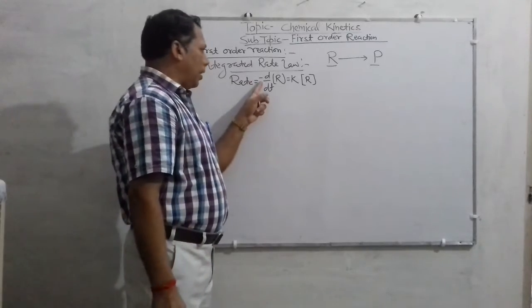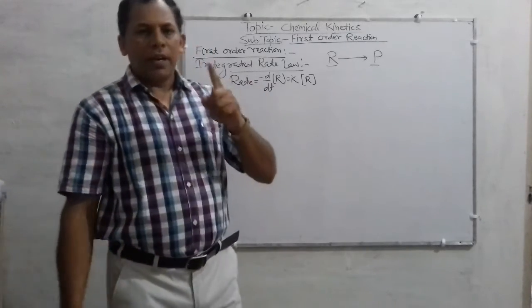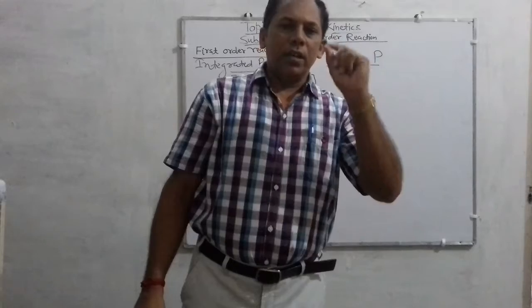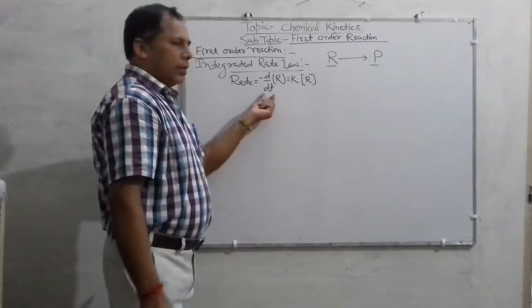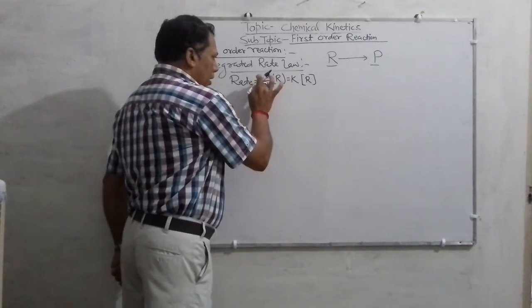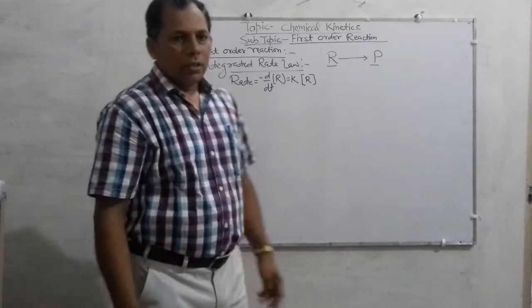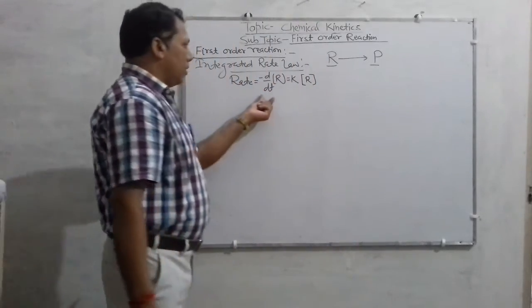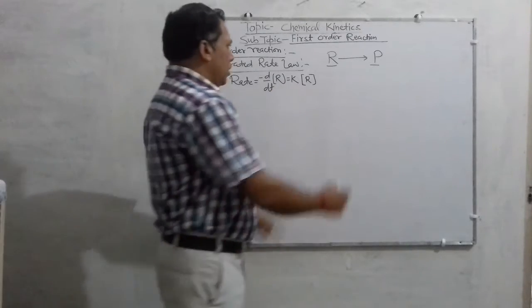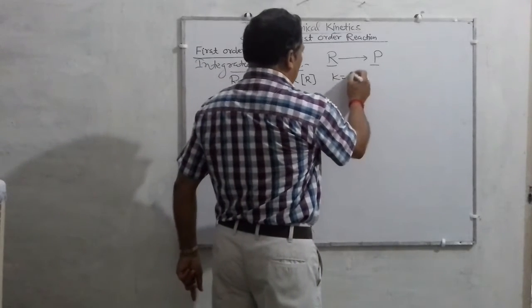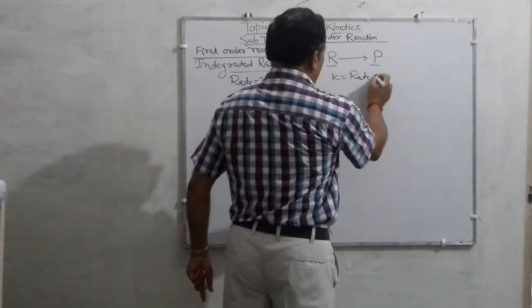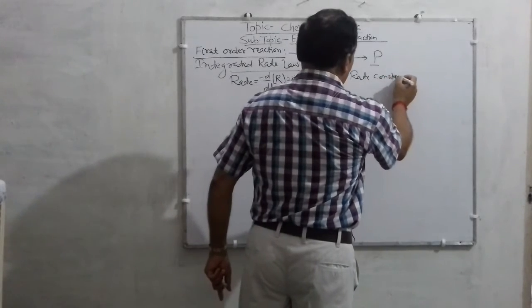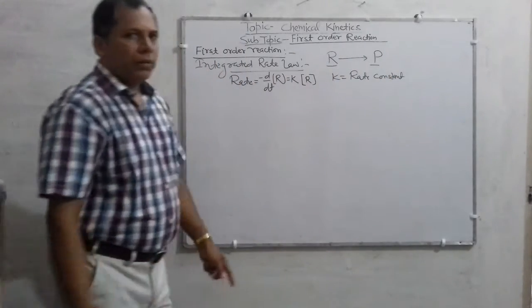The minus sign clearly indicates a decrease in the concentration of the reactant, and k is called the rate constant.